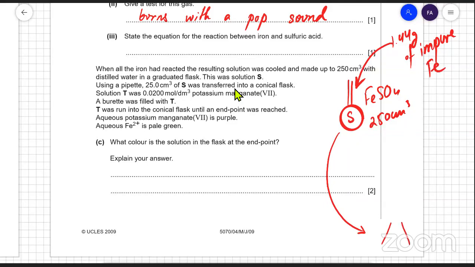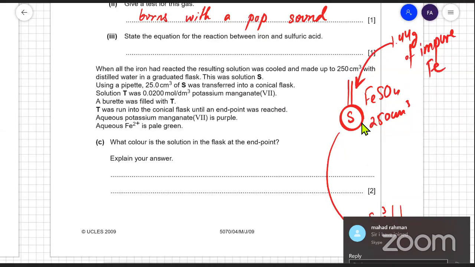Let's make a conical flask, and 25 cm³ is added into this. This conical flask basically has Fe2+, or we can say it has FeSO4, but only 25 cm³. Remember, the original solution was 250 cm³.